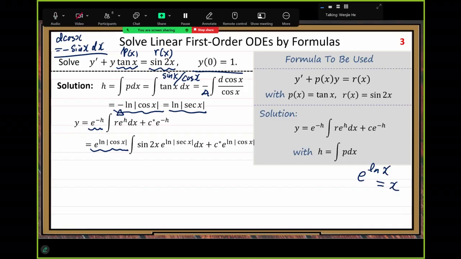Log and exponential are reverse of each other, so they cancel out. You simplify it, you get the absolute value of cosine. You still need to keep the absolute value, be careful, don't throw it away. Then absolute value of secant of x, plus c star times absolute value of cosine x.